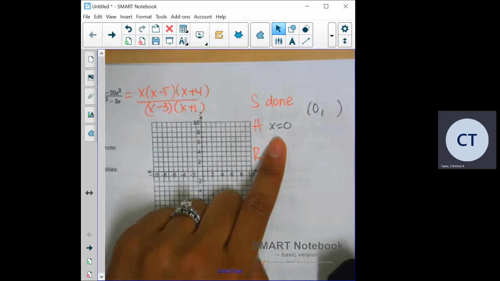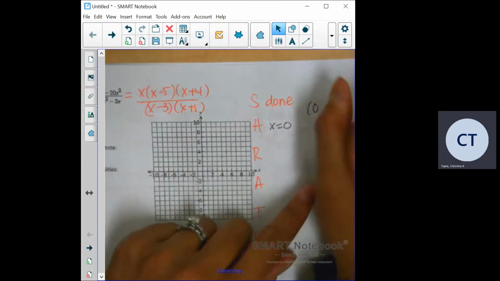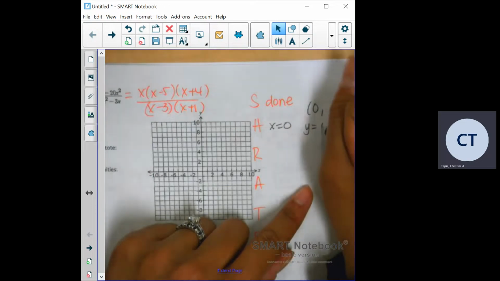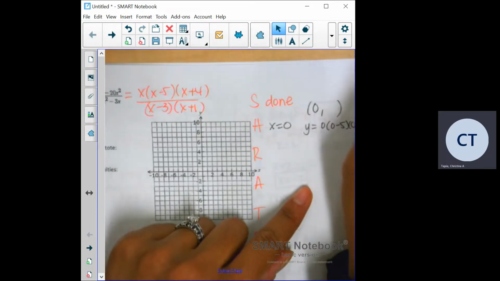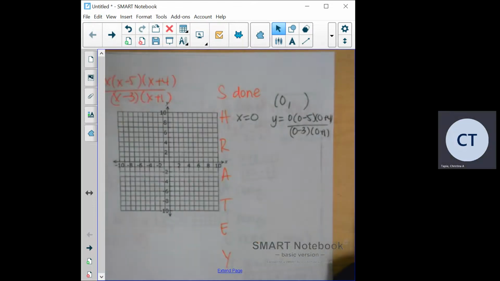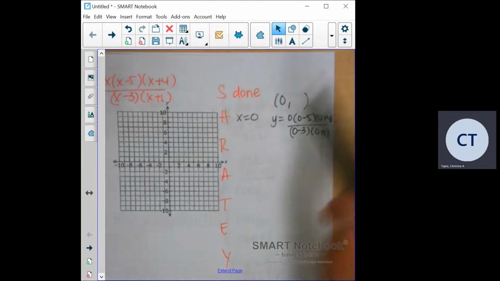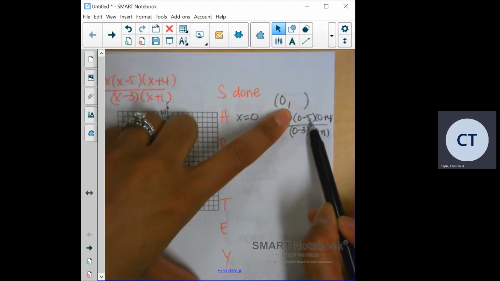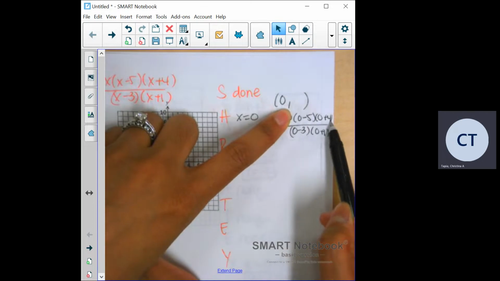I now need to find the y. Using the simplified equation, I'm going to plug in 0. So 0 times (0 minus 5)(0 plus 4), all over (0 minus 3)(0 plus 1). The issue that I'm having here is this 0 in front. I could literally subtract 5 from 0. 0 minus 5 is negative 5, and 0 plus 4 is 4.